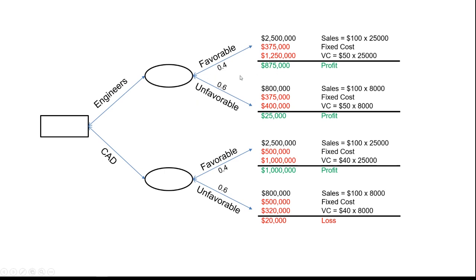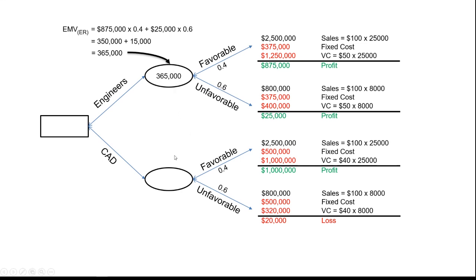So the EMV for engineers is given by 875,000 times the 40% probability, plus 25,000, which is the profit for an unfavorable reaction by the market, with a 60% probability. If I simplify that, I end up with an expected monetary value of 365,000 for engineers.